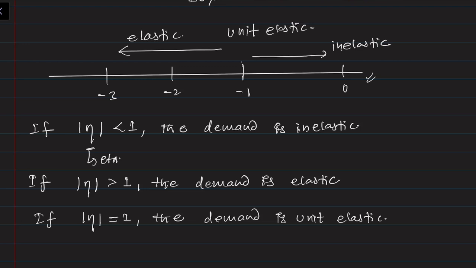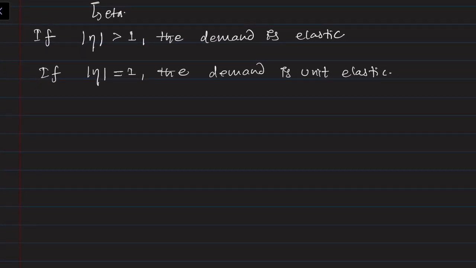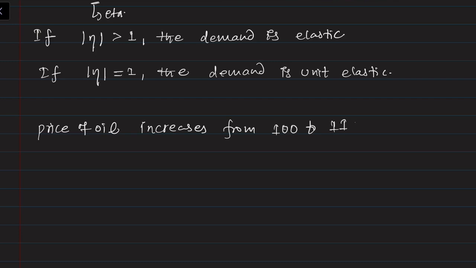Now let's do one more example. Let's say the price of oil increases from 100 to 110, and these are numbers in trillion barrels, let's say.